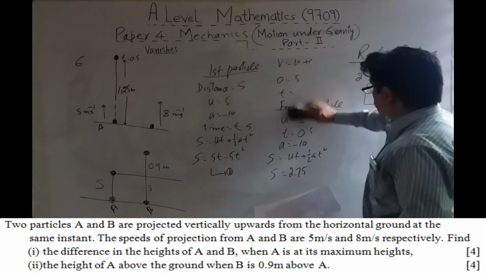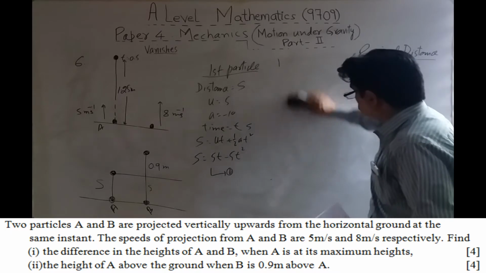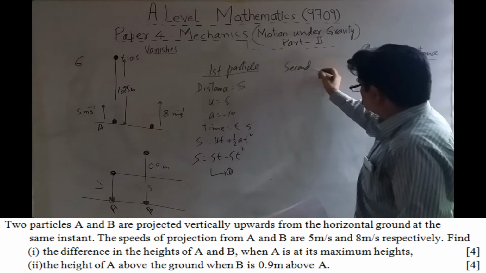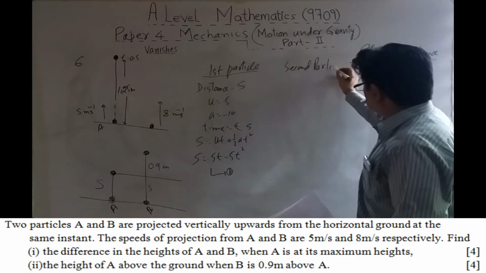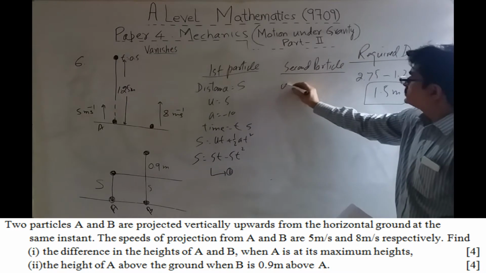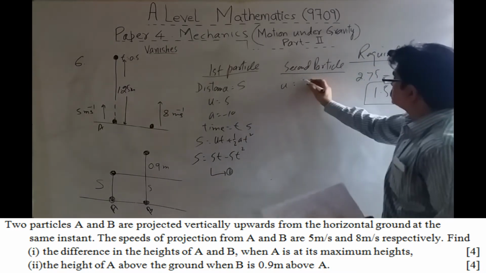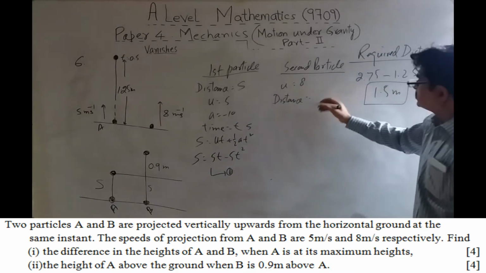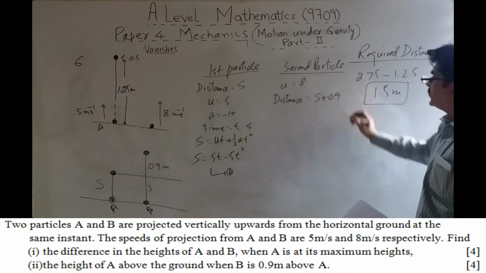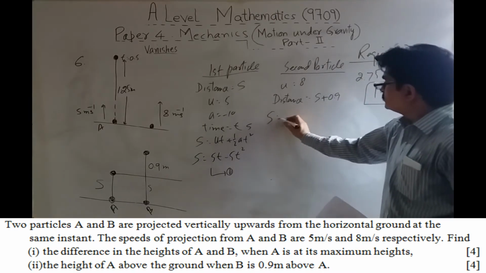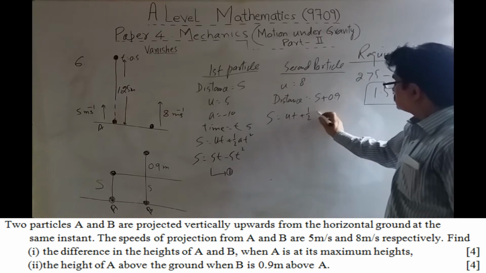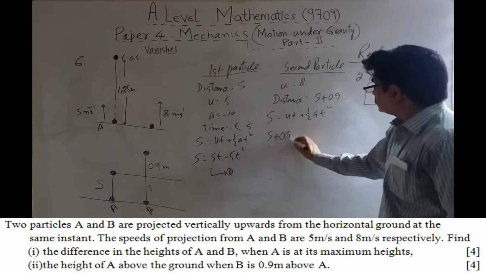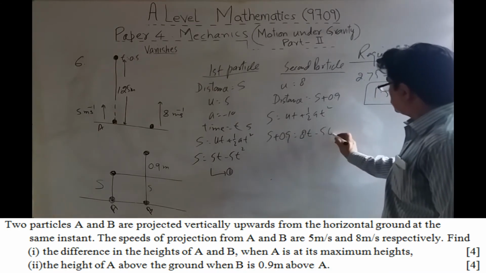Now similarly for the second particle, we have initial velocity 8. Now what is the distance for the second particle? According to the given statement, it will be s plus 0.9. So again applying the equation of motion, s plus 0.9 is 8t minus 5t square.